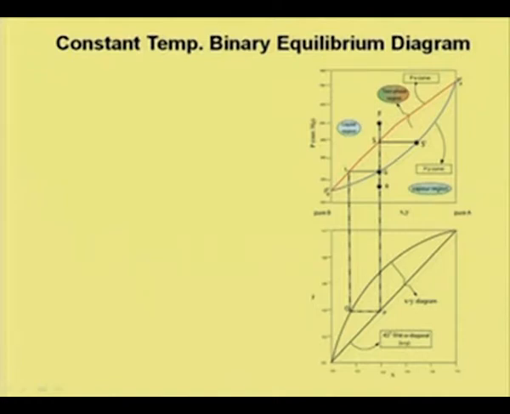The region below this Pxy curve at constant T, below this blue line, represents the vapor region, above this red line represents the liquid region, and in between these two lines represents the two phase region.